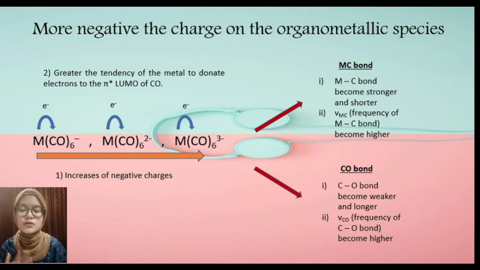It will also result in a stronger and shorter CM bond. As we know, the stronger the bond, the higher the frequency and the energy of the CM stretching vibration. But opposite to the CO bond, when the CM bond is stronger, the CO bond becomes weaker. So the frequency and the energy of the CO stretching vibration become lower.